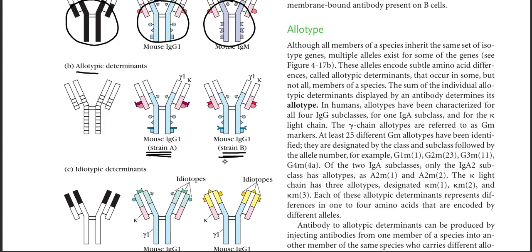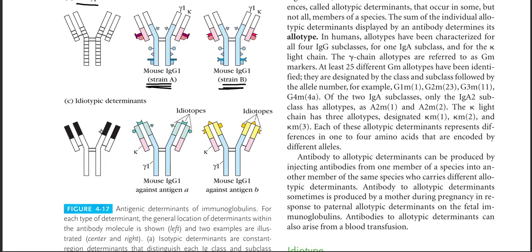And they will create different kinds of allotypes in different strains. Then there will be the idiotypic determinants, which will be mainly determined by the variable region of the light and heavy chain, and because of which the specific idiotopes will determine that specific idiotype. Idiotopes are nothing but the antigen binding sites where the antigens will come and bind.